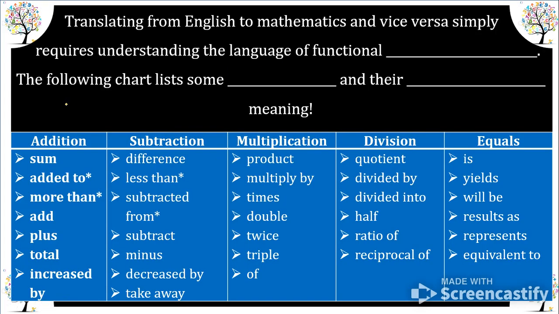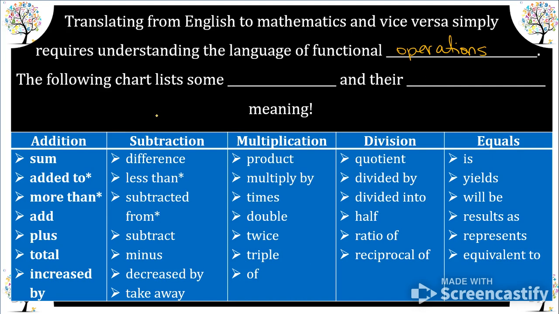Okay, so let's talk about translating from English to mathematics or vice versa. It just requires understanding the language of functional operations. So when we read a phrase or a sentence, we will be able to write it with math terms.